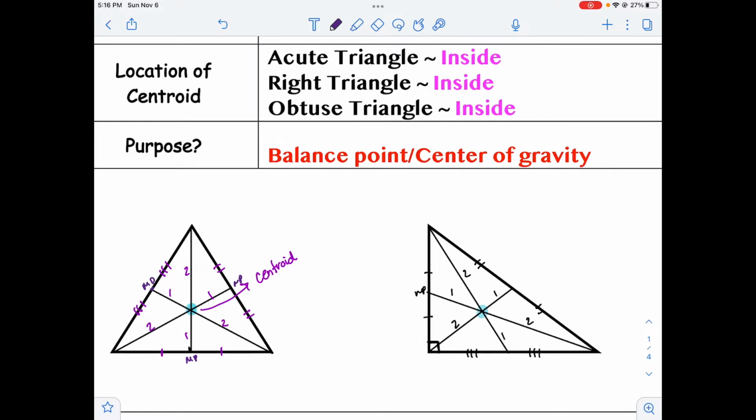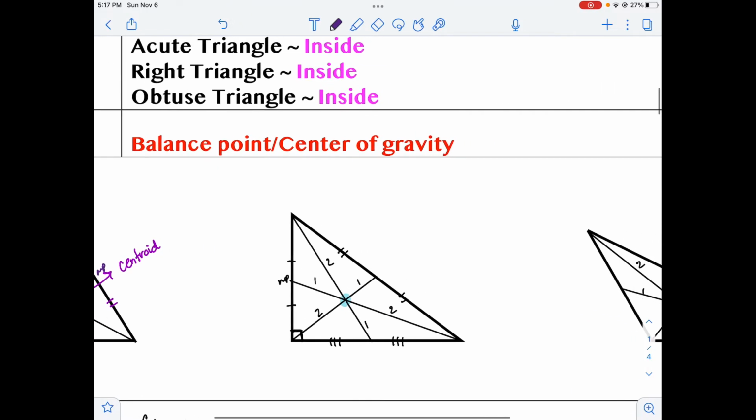And then it goes from my vertex through to my midpoint, and I've created 2 congruent segments on each side. Notice our ratio 2-to-1, just marked it for us. 2 is always towards the top part near your vertex, and the 1 part near your midpoint that you are going to. So notice it's in the center.